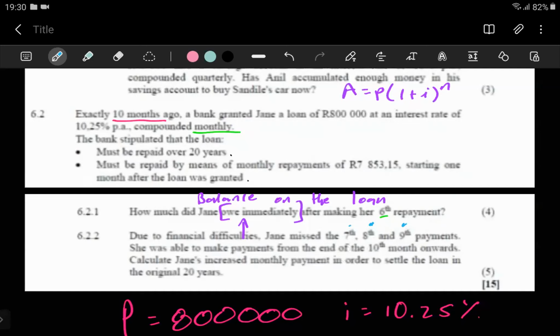And then they said she was able to make payments from the end of the 10th month onwards. Calculate Jane's increased monthly payment in order to settle the loan in the original 20 years.